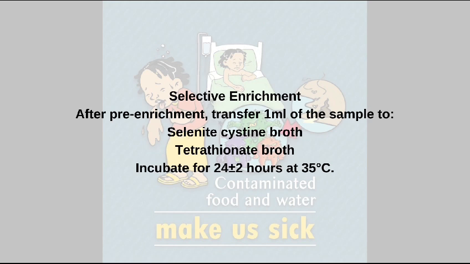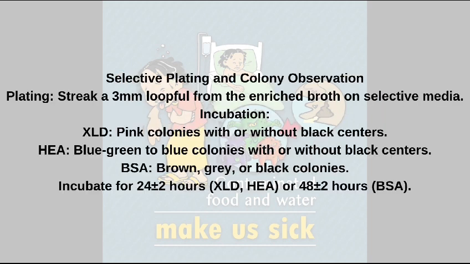These media will inhibit the growth of other competing flora which might be present in our food sample while promoting the growth of Salmonella species. The tubes are then incubated for another 24 hours at 35 degrees Celsius.